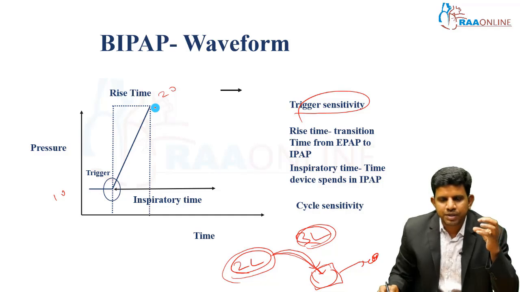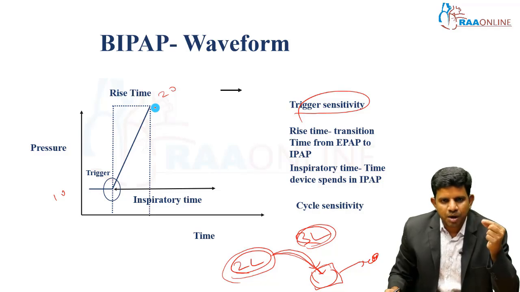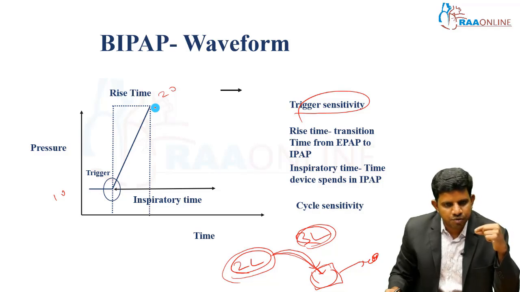If it is very slow, that is a slow rise time. If it delivers the breath quickly, it's called rapid rise time. It is how rapidly the ventilator pressurizes the patient's lung.